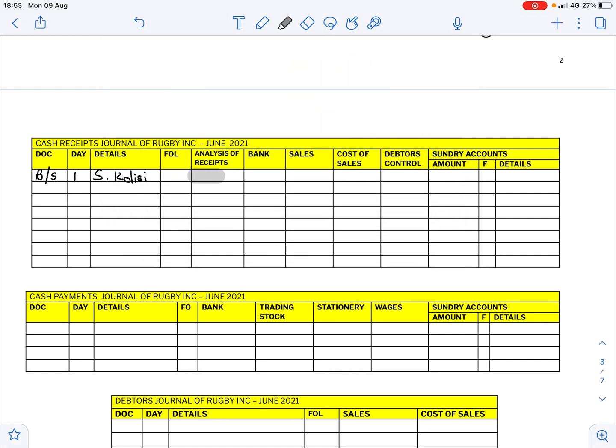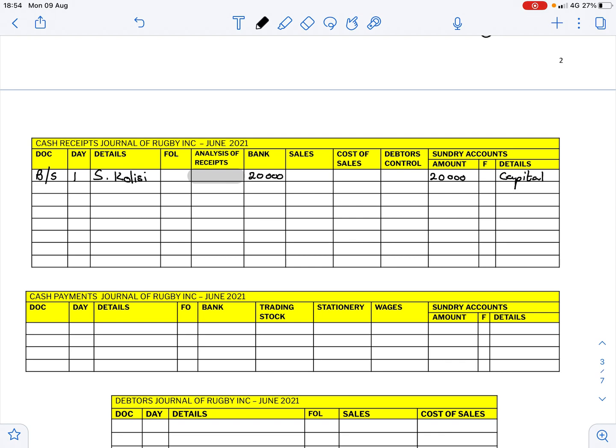Because it was a direct deposit, we then have 20,000 Rand under bank. And there's no capital column, so we have 20,000 under sundry accounts, and our detail there was capital. All right, I will go in and put the ticks in right at the end.